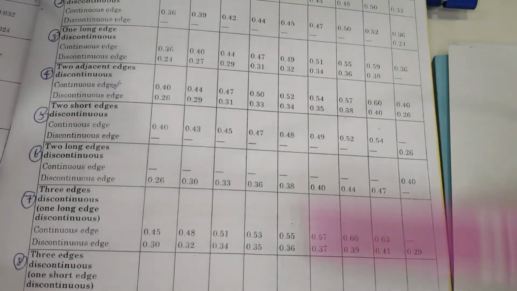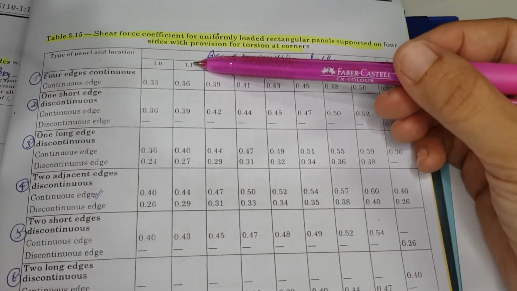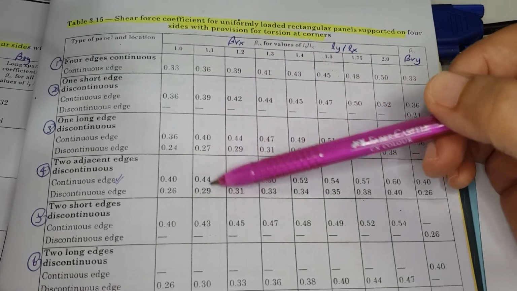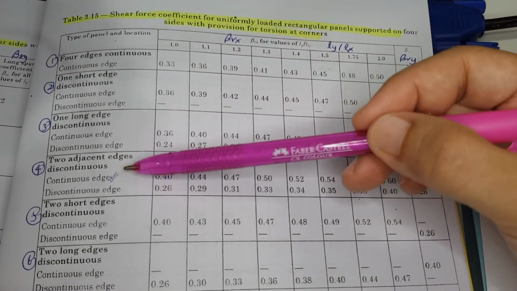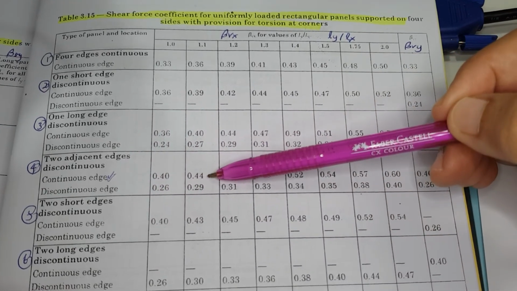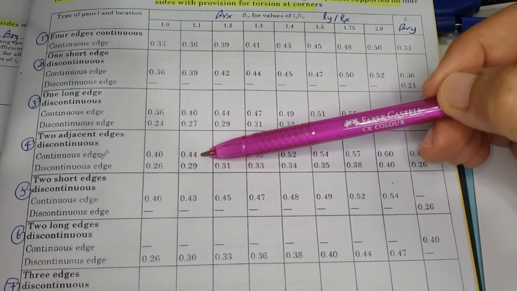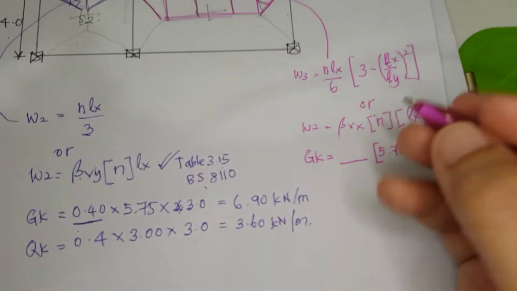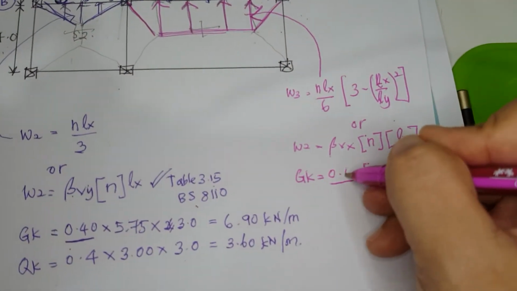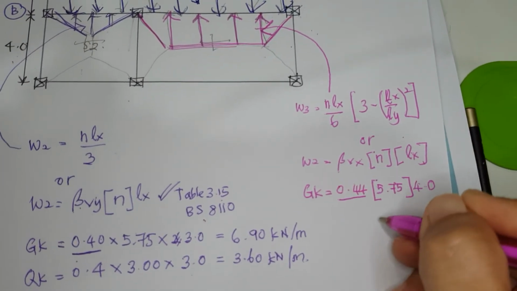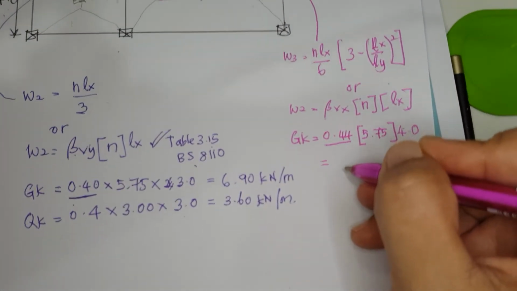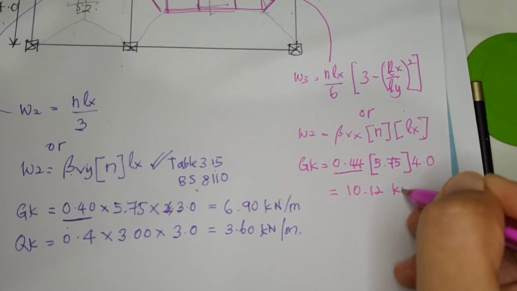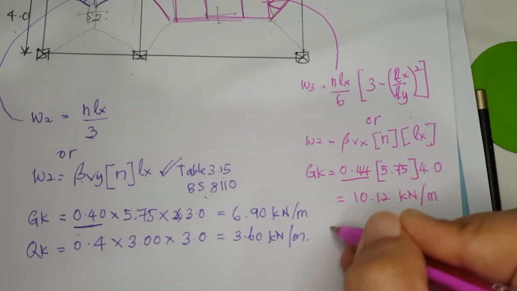So 1.13 meaning for case number 4, continuous edge is 0.44. So we use 0.44. And GK for slab number 3 is 10.12 kilonewton per meter.